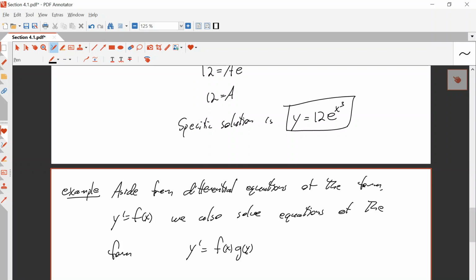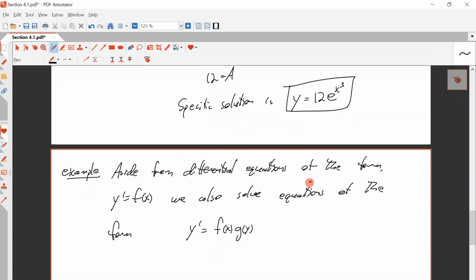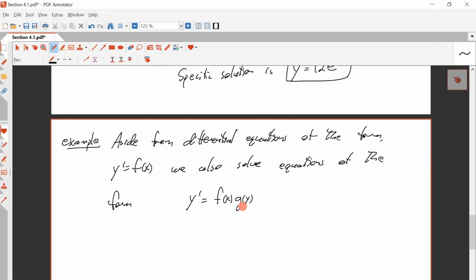So if it's a product of a function of x and a function of y, we can solve it as follows.